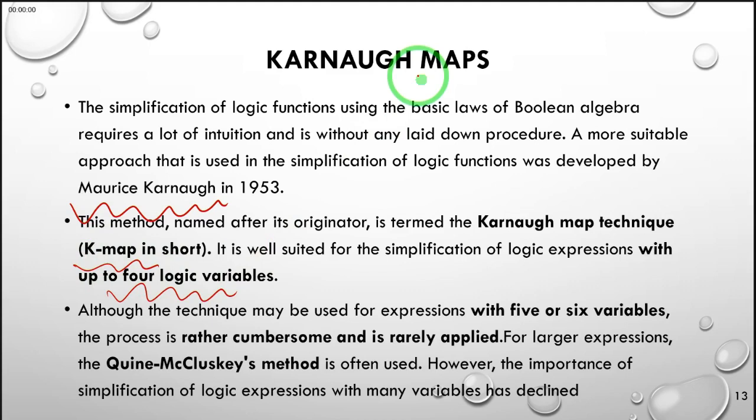In the event you want to do 5 or 6 variables or more, another method called the Quine-McCluskey method is often used, but we are not going to look at that because it's beyond the scope of our course objectives. So we work with 4 variables for illustration of simplification of Boolean expressions.